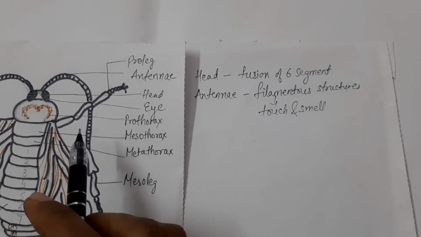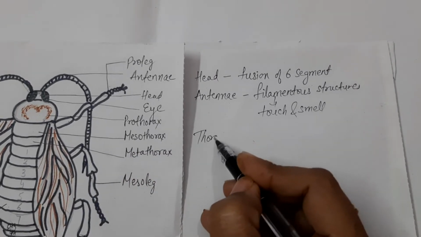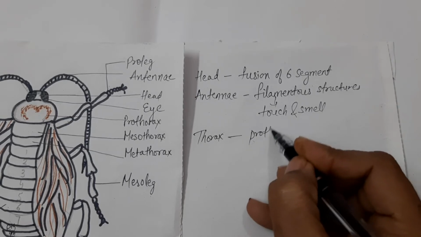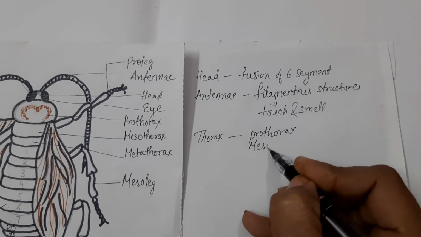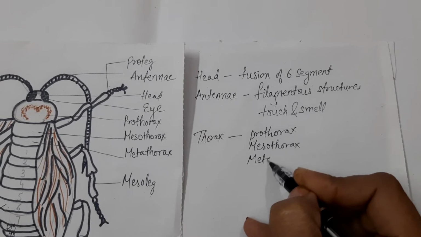Thorax is divided into 3 segments, which are the prothorax, mesothorax and metathorax.